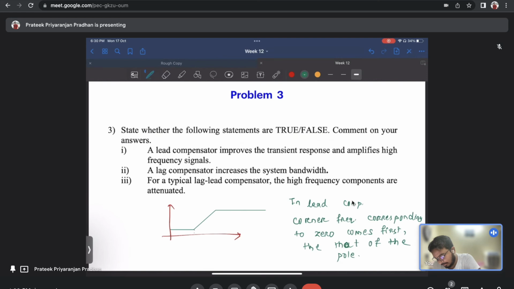So this is the corner frequency corresponding to the zero, and this is for the pole. That's why the Bode magnitude diagram is like this.